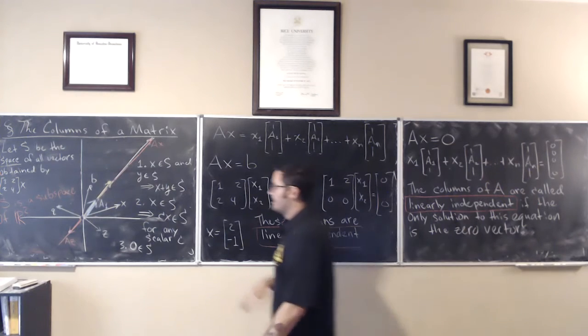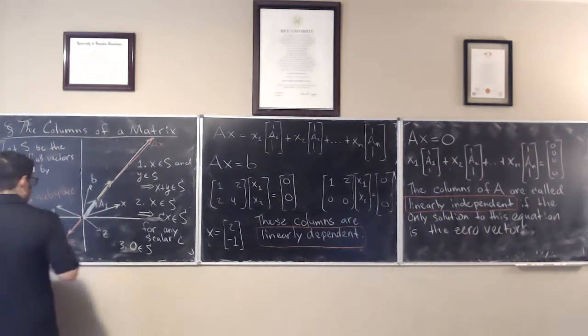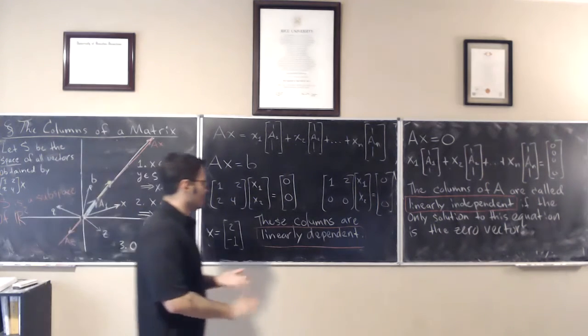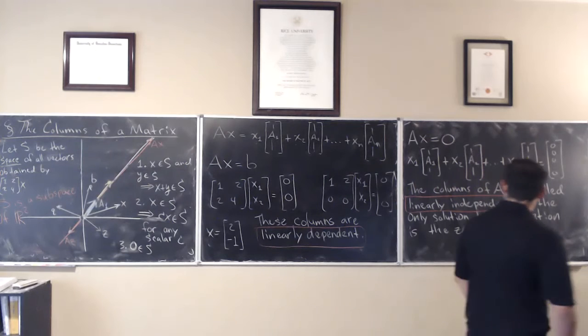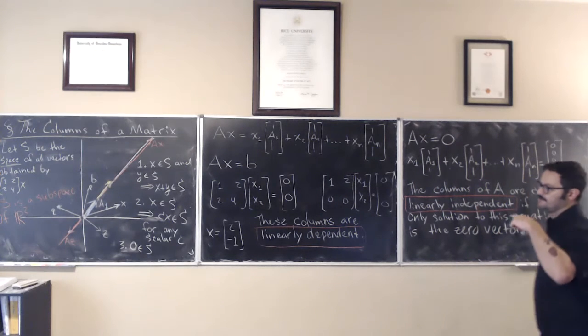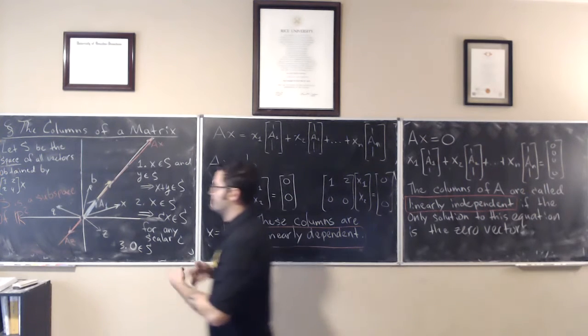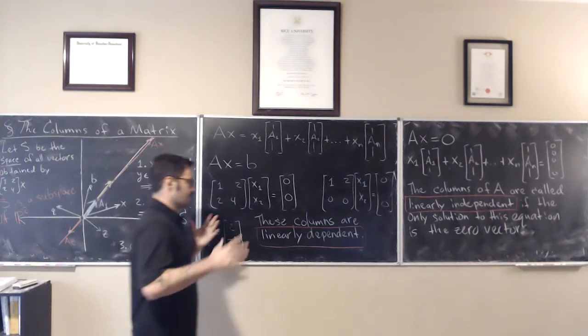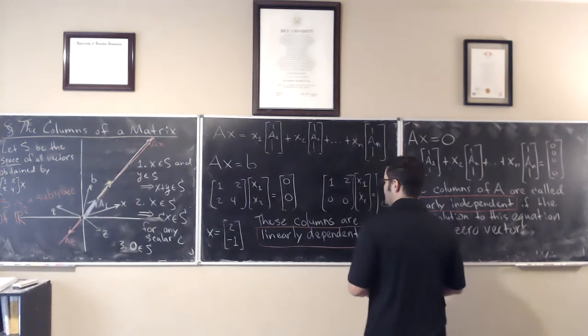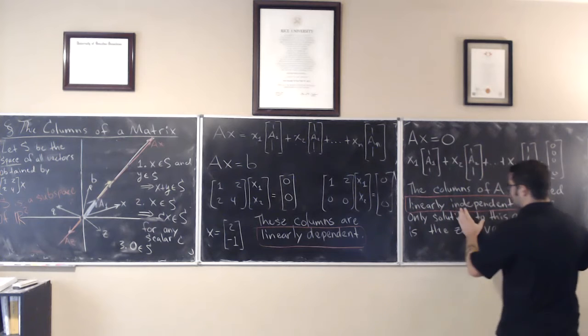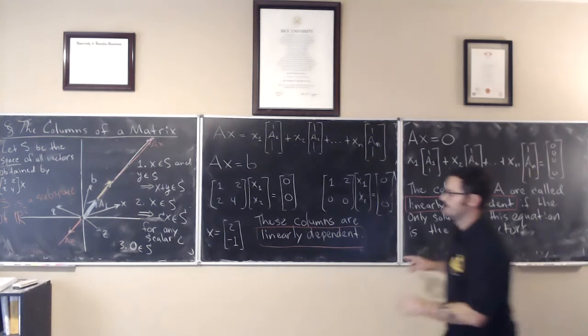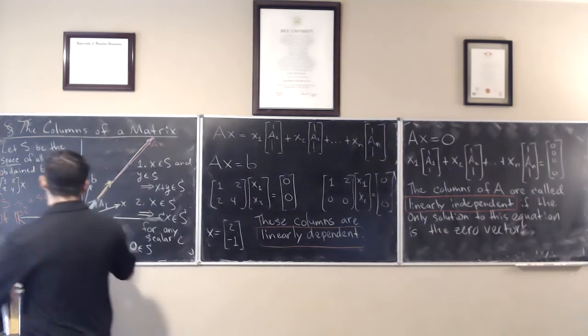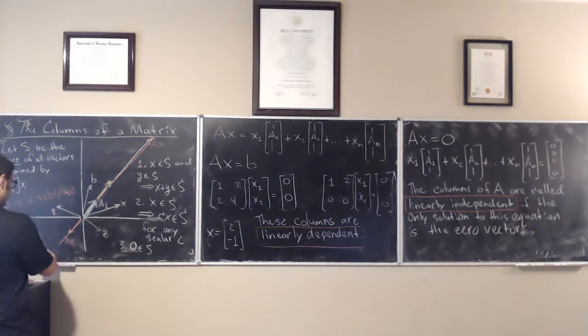So it also turns out that linear independence corresponds to a matrix being invertible. Why is that? If the columns are linearly independent, then think about it in space.